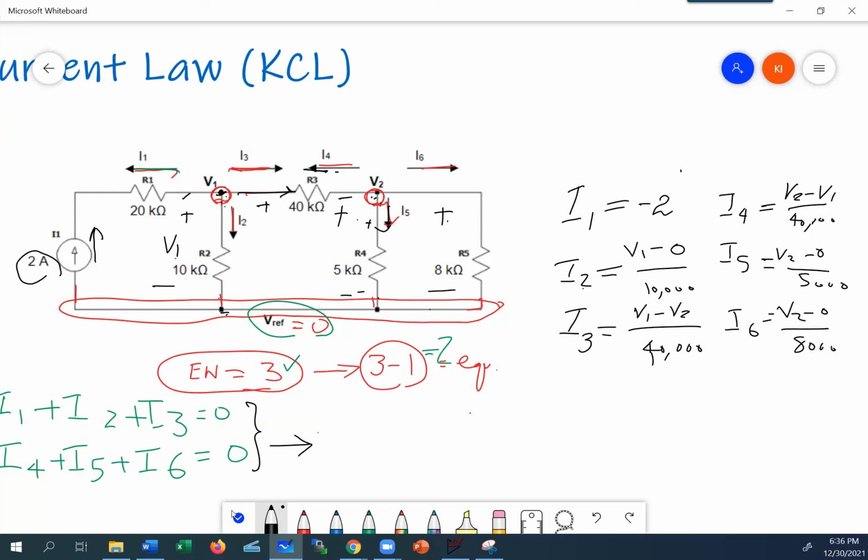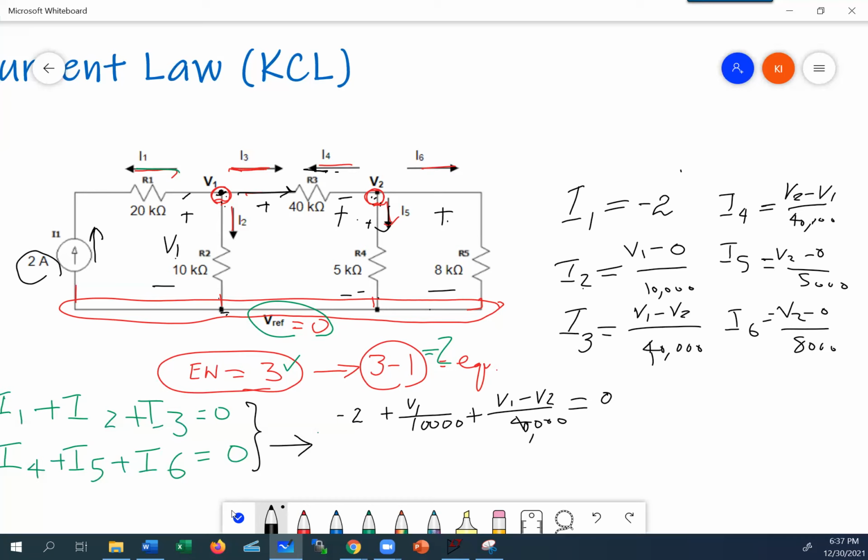Okay, so now that I have that information, I can take it and write all the currents in it. So I can say it's -2 plus V1, and I'm going to drop the 0. Don't need to write the 0. V1 over 10,000 plus I3, which is V1 minus V2 over 40,000, equals 0, because that's what Kirchhoff's law says I should do.